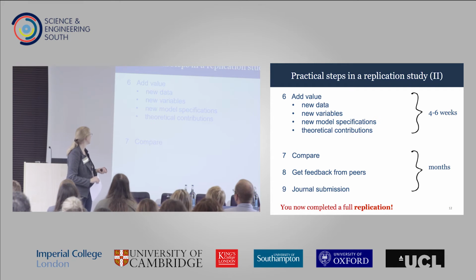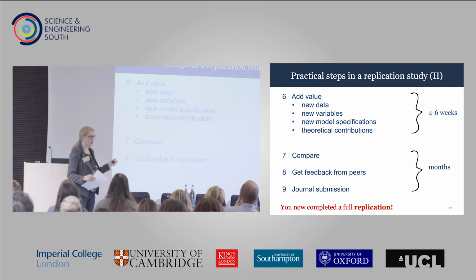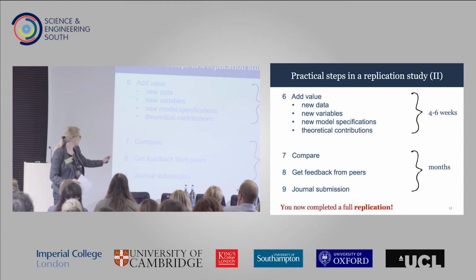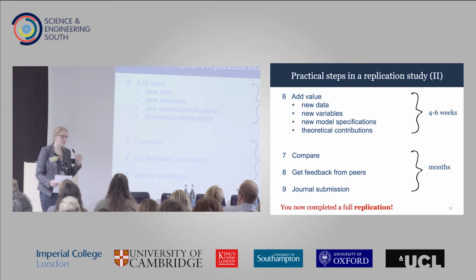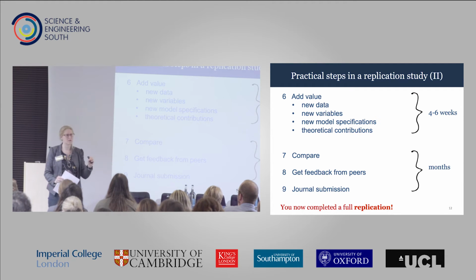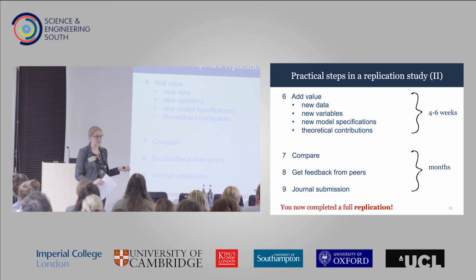So that's possible as well. And then obviously you would compare if the results still hold and are robust. Get feedback, go to conferences, and then you could submit this to a journal. Unfortunately, this can take months. I mean, with any paper, it's like that. But you have a bit of a head start by working off a paper that's already published. So I think that's a bit faster than spending one or two years on the literature review for a PhD or something. And that would be a full replication.